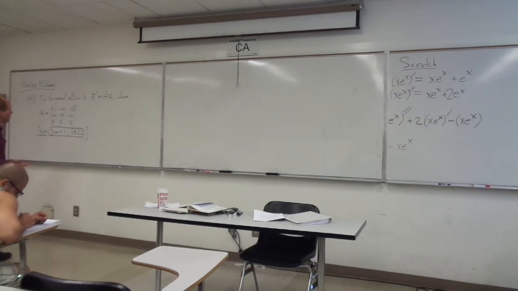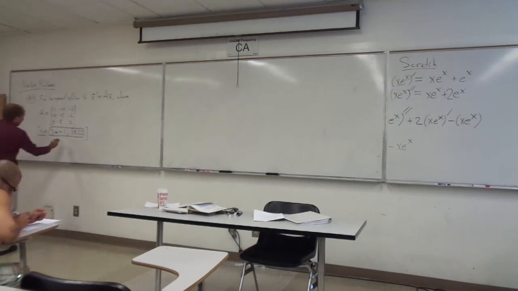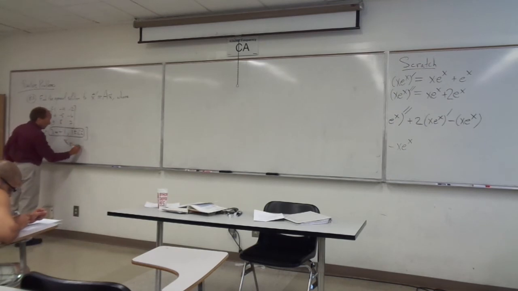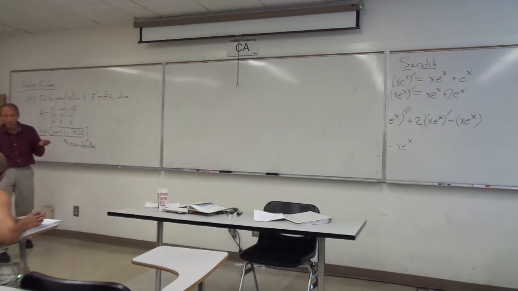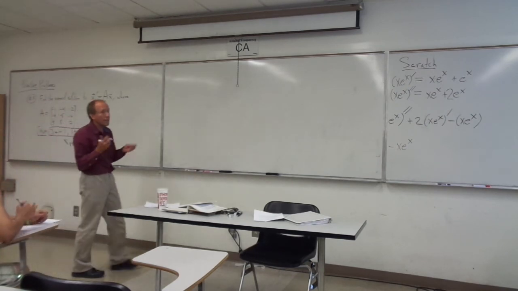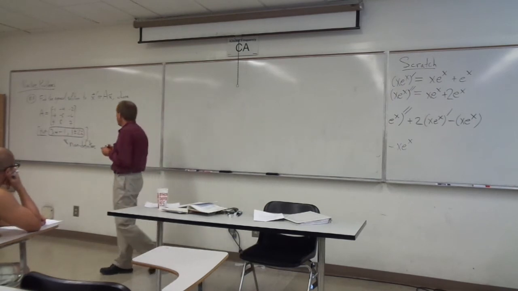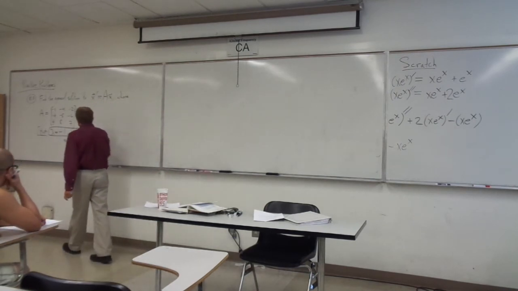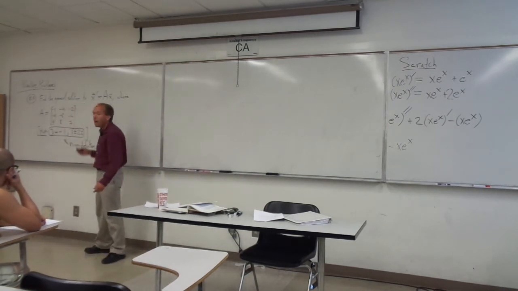But here we know that since none of these eigenvalues have a weight more than 1, there's no repeats, it's definitely non-defective. This is a good thing to make sure you know, because not just for chapter 7, but even for chapter 5, I give you a matrix and they say, is it defective or not? Well, if the eigenvalues are all distinct, then you want to know that it's non-defective.